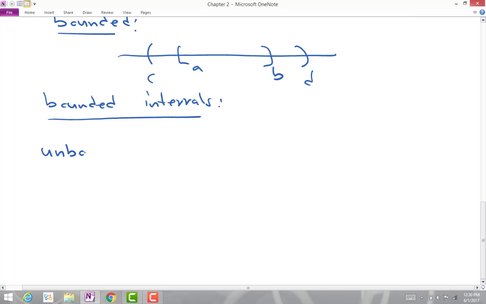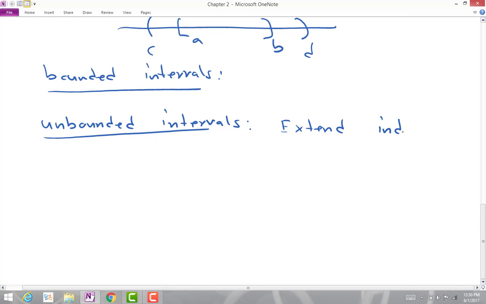Unbounded intervals mean one side of the interval will extend indefinitely, in either the positive or negative direction.